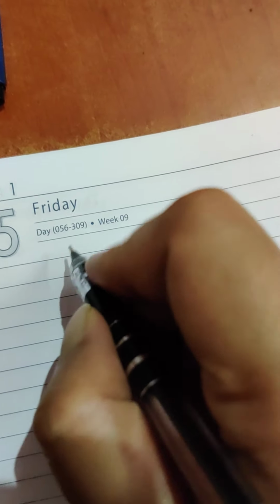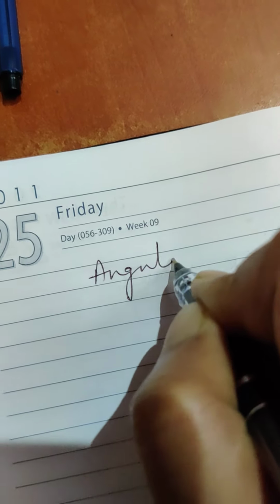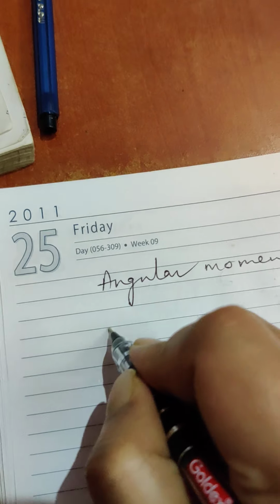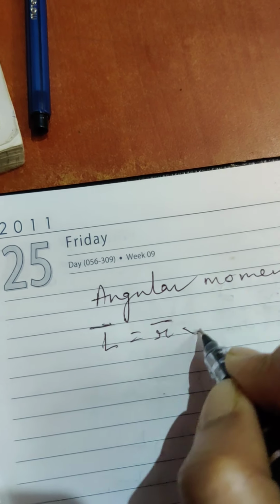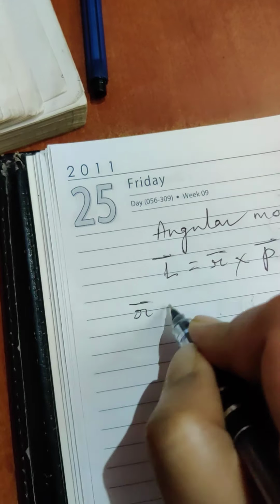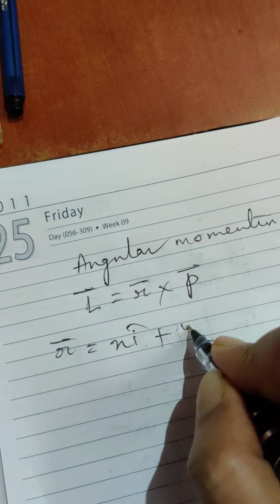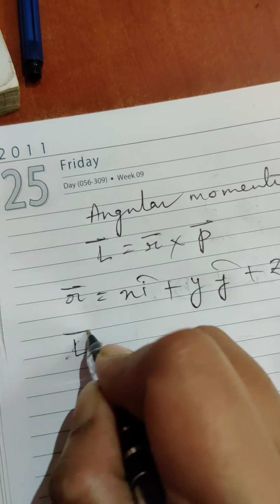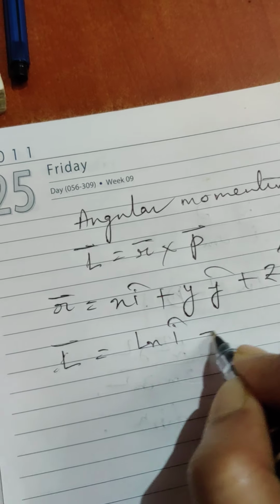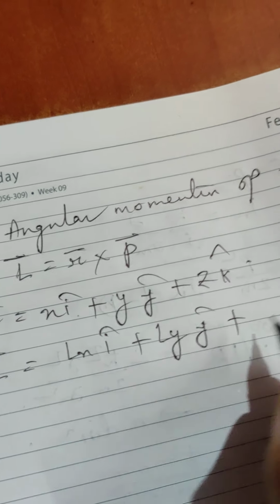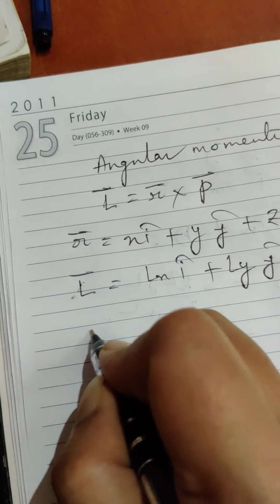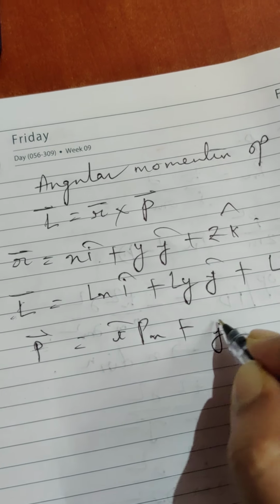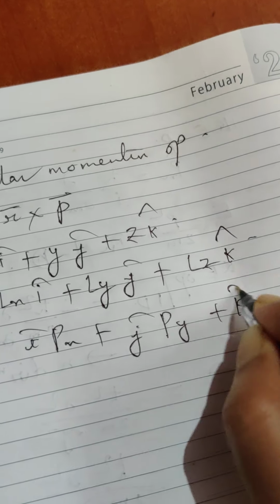Now we are going to prove the angular momentum operator. We know L equals R cross P. Now R equals x i hat plus y j hat plus z k hat, and L equals Lx i hat plus Ly j hat plus Lz k hat, and P equals i hat Px plus j hat Py plus k hat Pz.